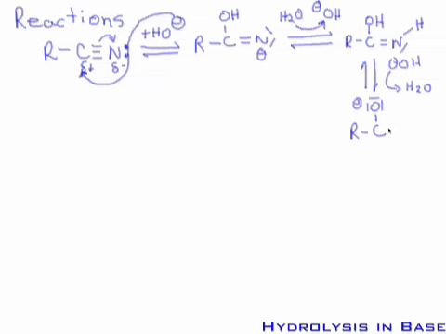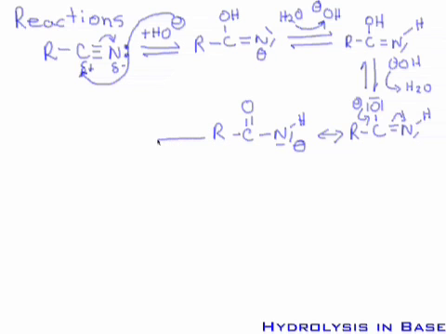And it's easier to deprotonate than a normal alcohol because of the pi bond to the nitrogen. The negative charge is resonance stabilized. Actually, let's draw it with resonance arrows. And so we have our NH, two lone pairs, negative charge here, C double bond O, R.